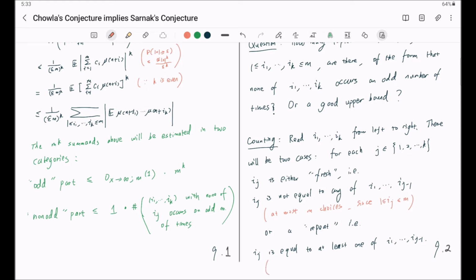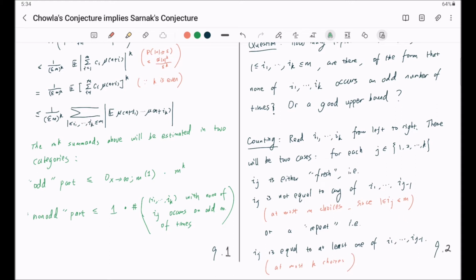And for the second case, we're going to have at most k choices for I sub j, because this is a repeat of the first j minus 1 terms, and there are at most k terms. So I sub j will have at most k choices.